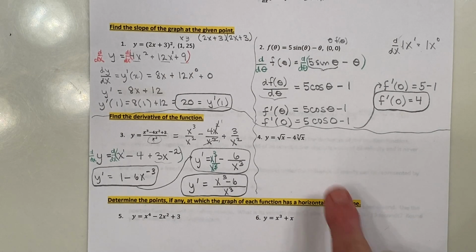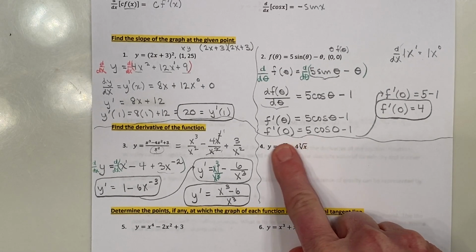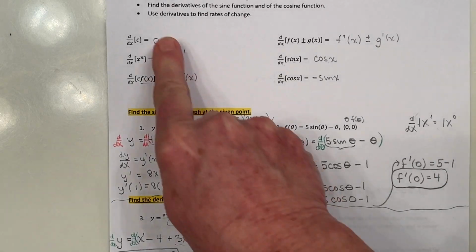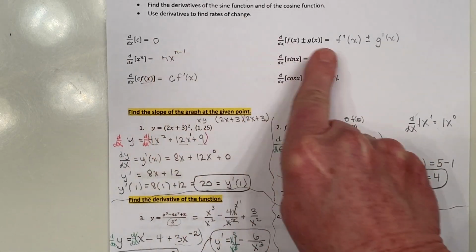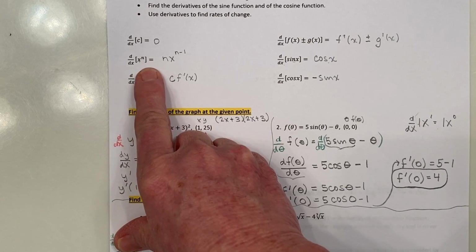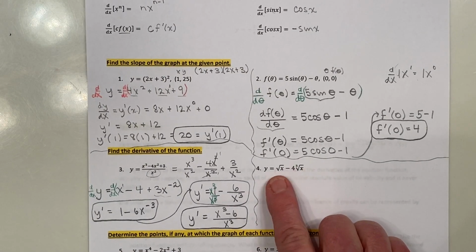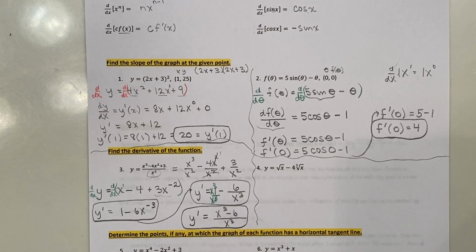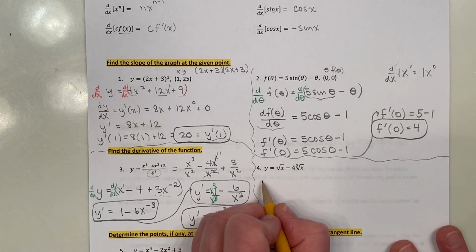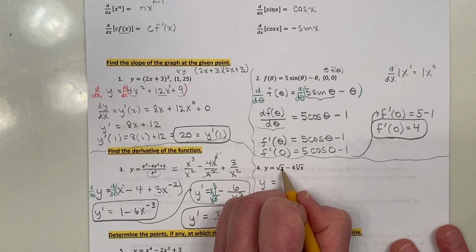All right, 4, we're finding the derivative. Well, notice all these radicals here. We don't have any differentiation rules that involve radicals, just differentiation rules that involve numeric exponents. So let's change the form of each of these two terms so that we can apply the power rule or the constant multiple rule. So keep y, no derivative yet.